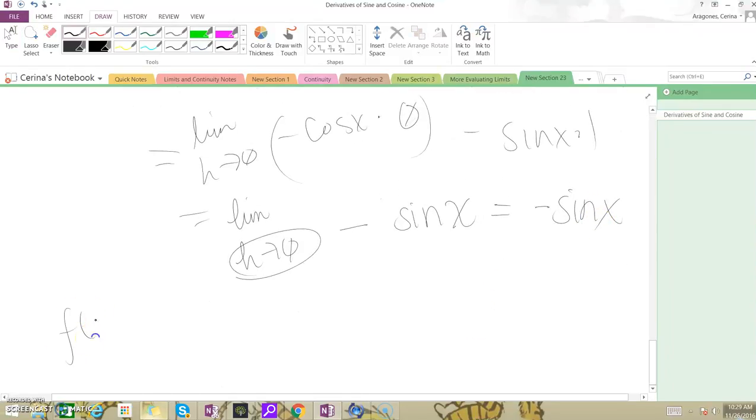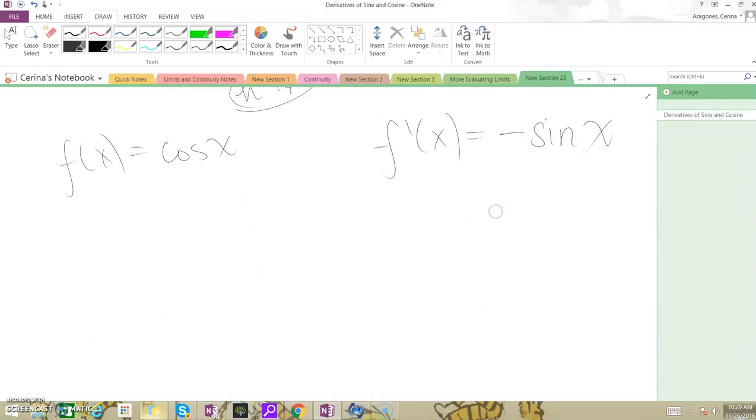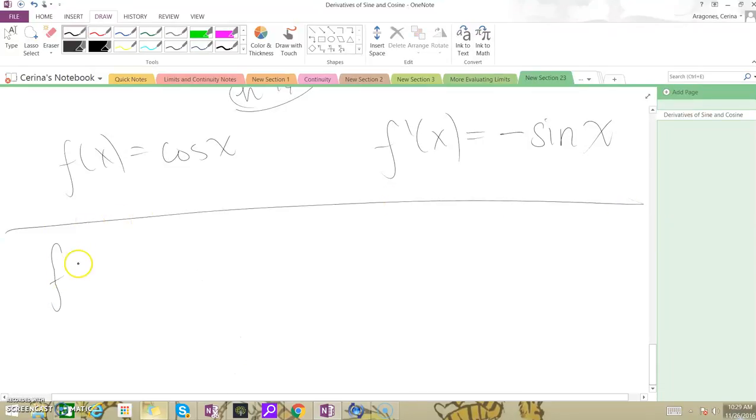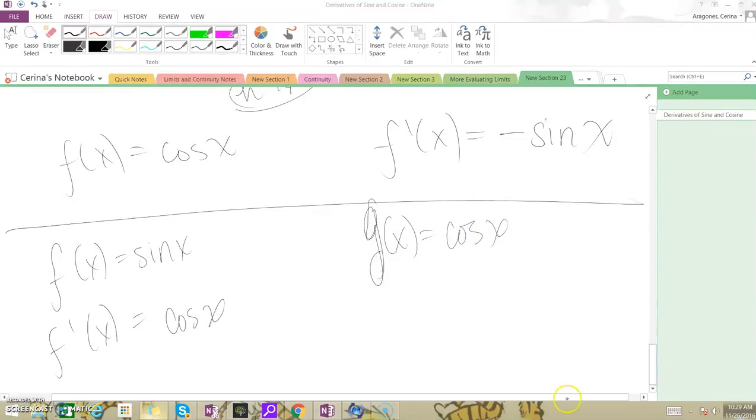So the derivative of cosine is actually negative sine x. And again, you can confirm that with a graph to help you understand it a little better. So we learned two things. We learned that the derivative of sine x is cosine, and the derivative of cosine is negative sine.